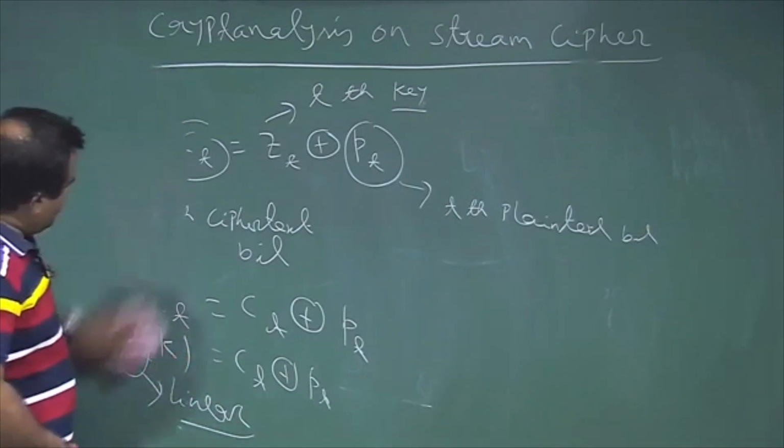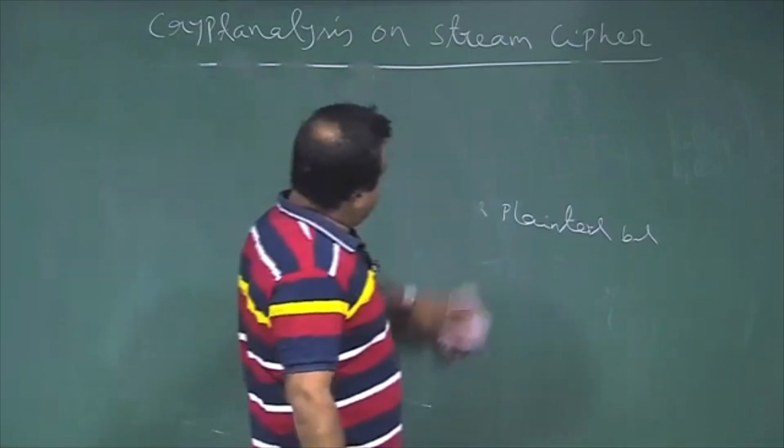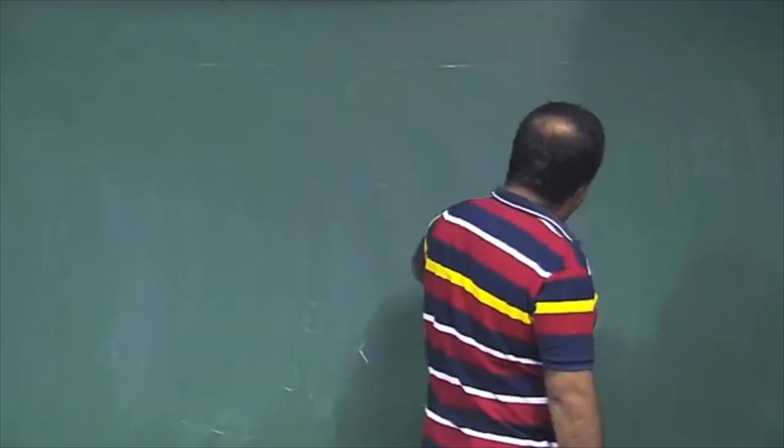To avoid that, we need to put some nonlinear function in the LFSR based stream cipher. So some nonlinearity we need to introduce.